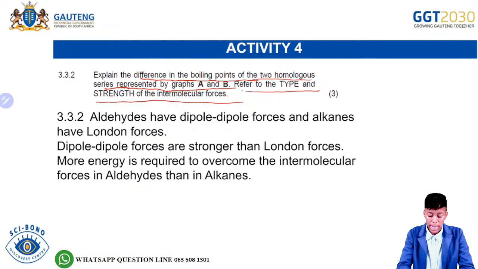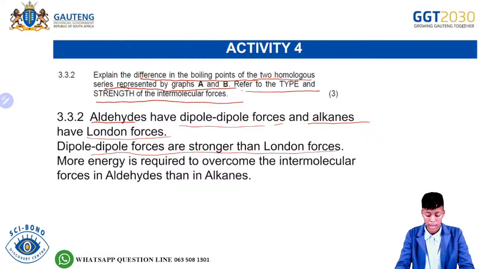Aldehydes have dipole-dipole forces. And alkanes have London forces. Therefore, dipole-dipole forces are stronger than London forces, and therefore more energy is required to overcome the intermolecular forces in the aldehydes as compared to the alkanes.